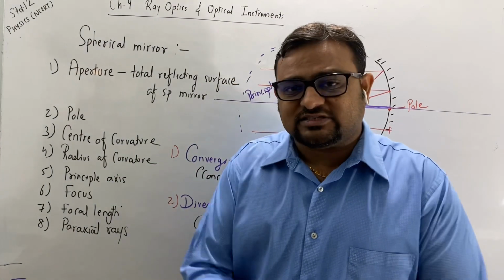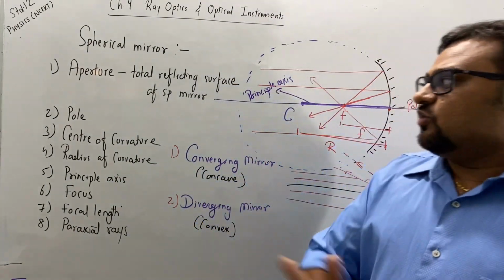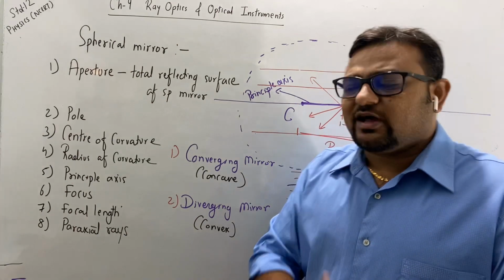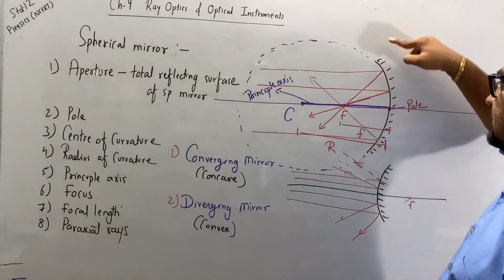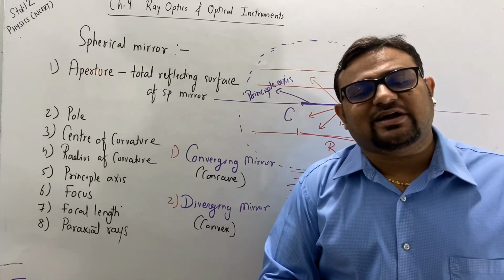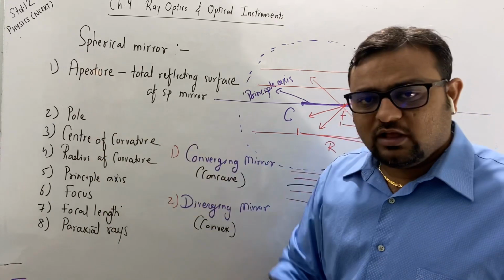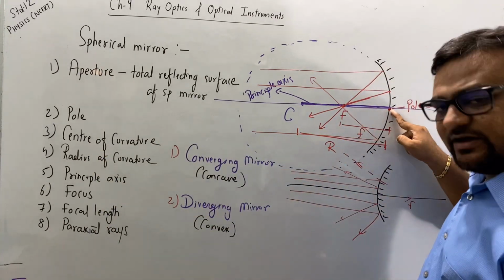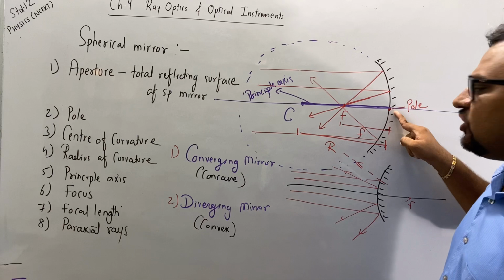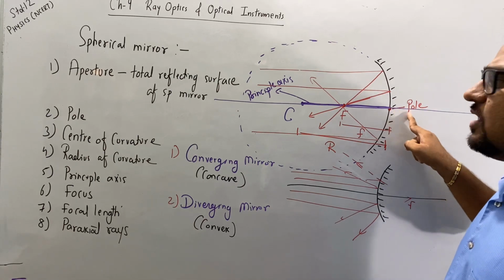So again, let's revise all the points. What is aperture? The total reflecting surface of the spherical mirror is called aperture. Pole, the geometric center of the reflecting surface is called pole.